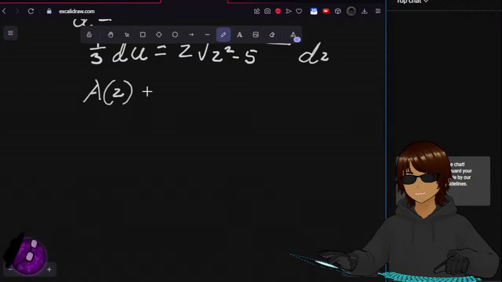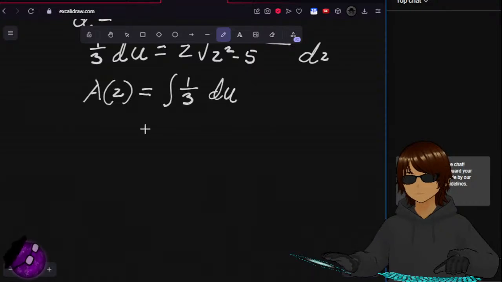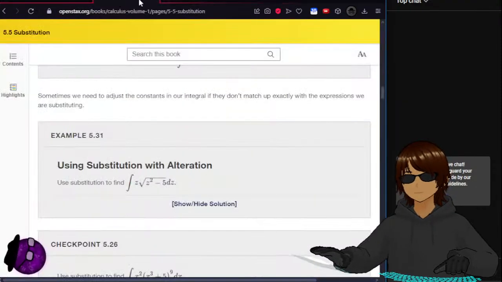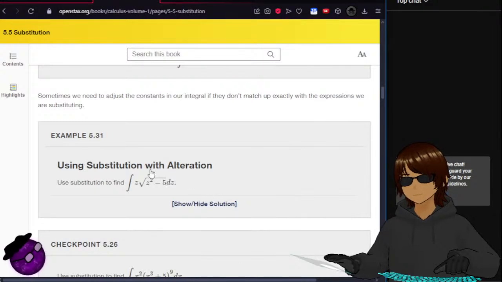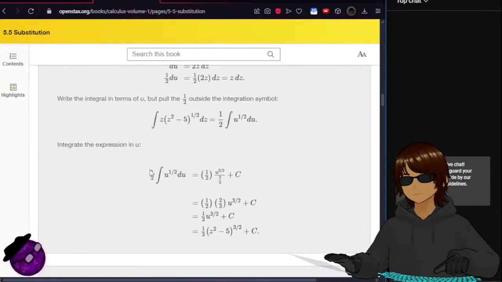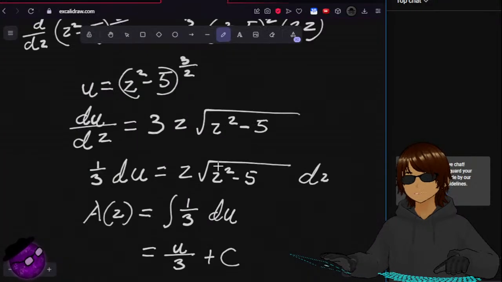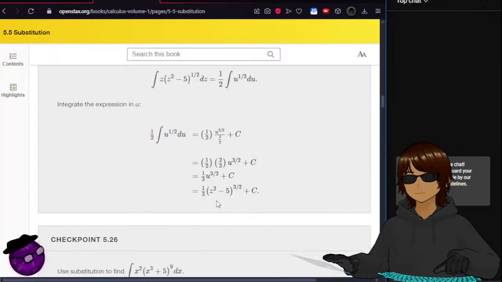So in the antiderivative function, I can just write this, which will then give me u over 3 plus c. Is this correct? Yes. If I expand u, it's (z squared minus 5) to the power of 3 over 2.